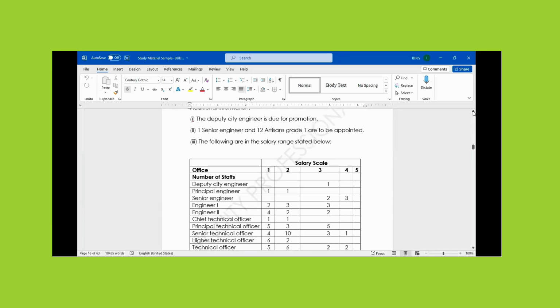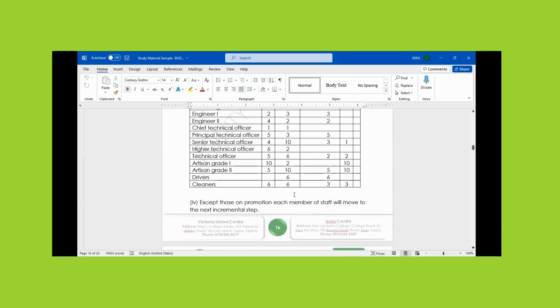Who can tell me that deputy city engineer, what step is he based on this table? Step 3. Yes. Now, he's no more a deputy city engineer. He's now promoted to city engineer. What step is he going to start? Step 1. So we should take note of that. This is the major area in this question.